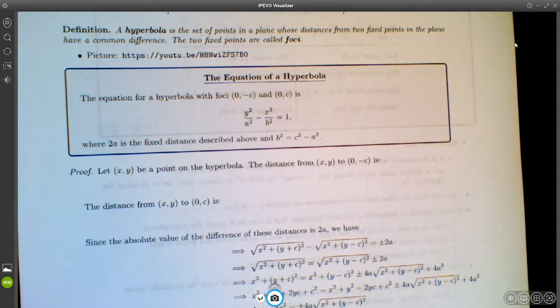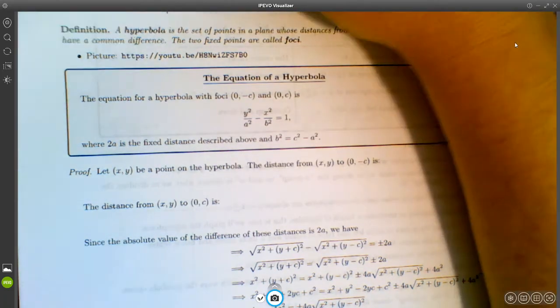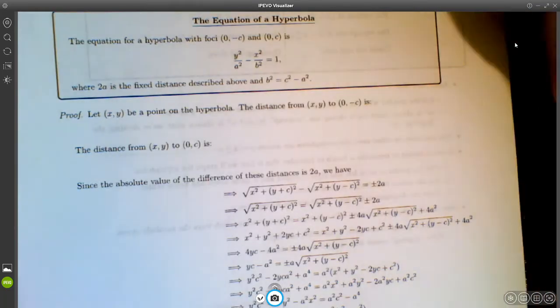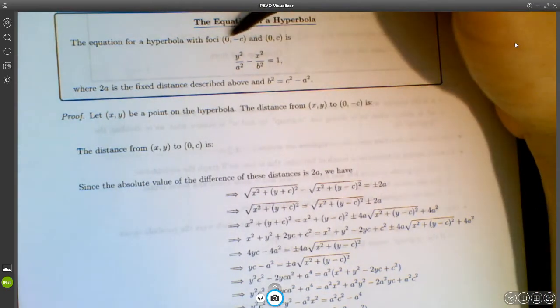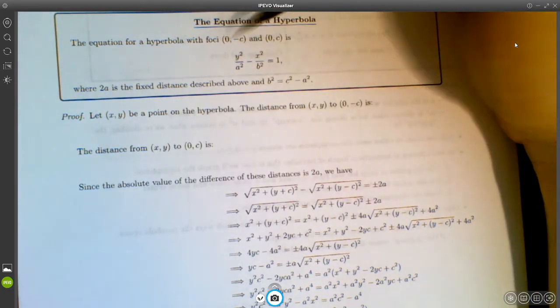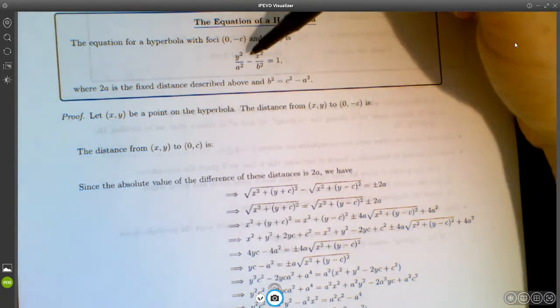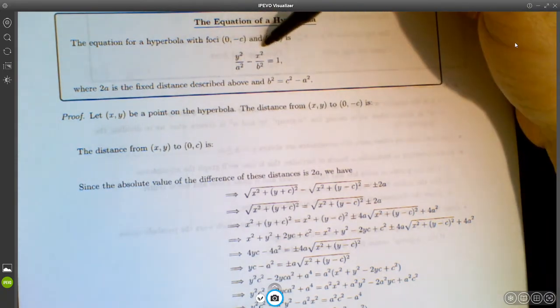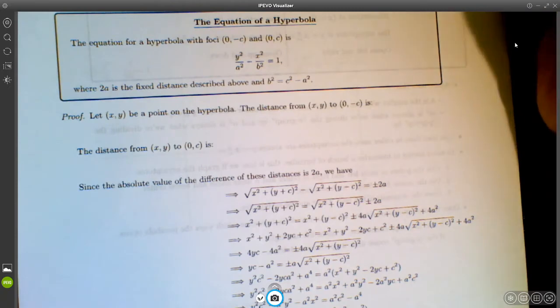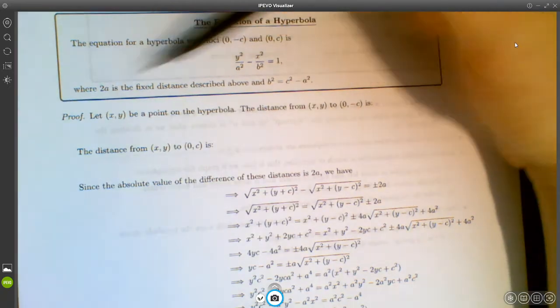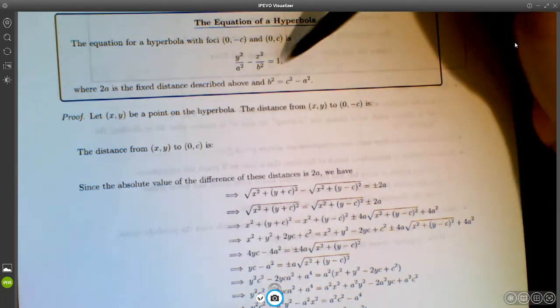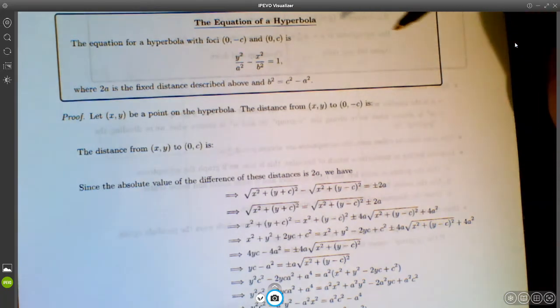What I want to do is walk through the proof of this equation with you. The equation for a hyperbola with foci (0, -c) and (0, c) is y squared over a squared minus x squared over b squared equals 1, where 2a is the fixed distance described above, and b squared is c squared minus a squared. The proof is similar.